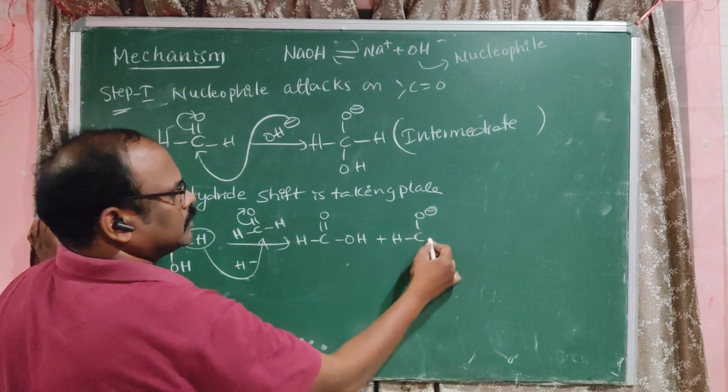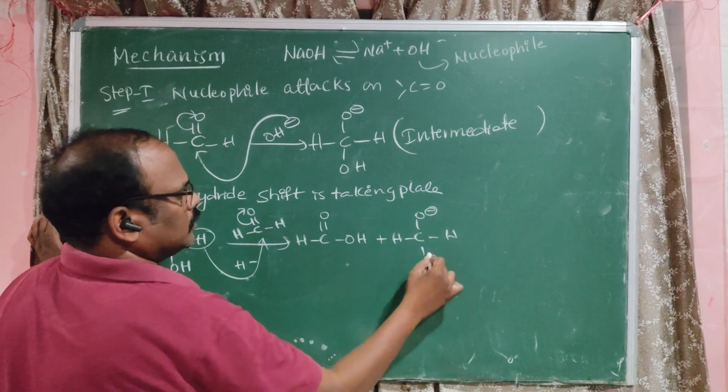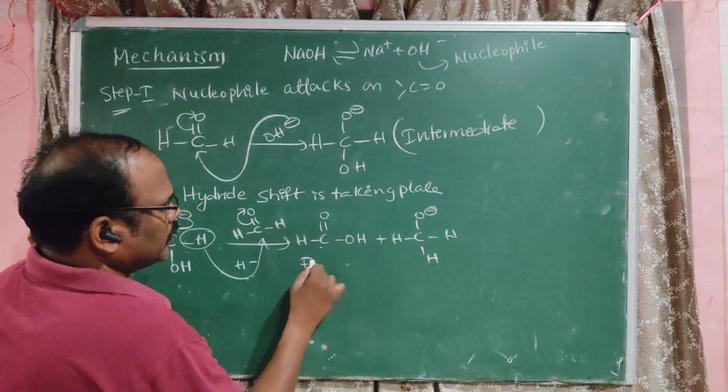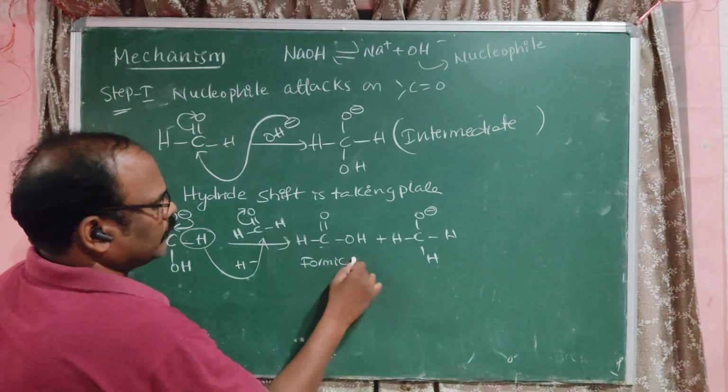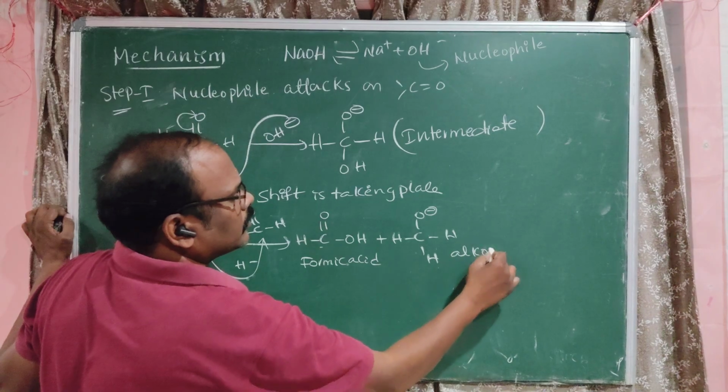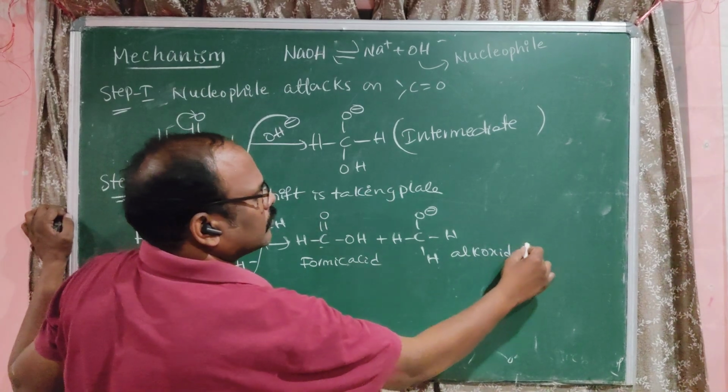Here it is formic acid, and this is an alkoxide ion.